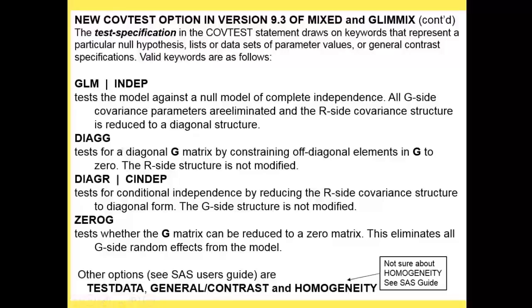If you're testing diag-R, you're keeping whatever G matrix you put in. Okay, and then there's 0G, which basically tests whether you don't even need random effects. So if you say COVTEST 0G, you don't even need random effects. Okay, so that's a nice thing that wasn't available. Now, how you use these options to come up with some conclusions is sort of another story.